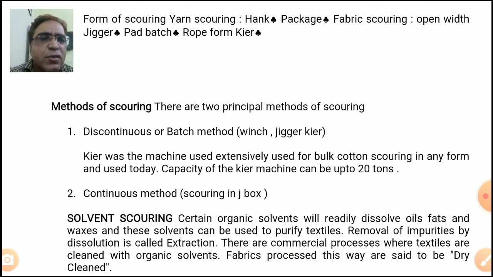Besides this, solvent scouring is also used, which dissolves the oils, fats, waxes, etc. The advantage of solvent scouring is that we recover the solvents from the wash baths and they can be used again. But because solvents are costly, the normal process of scouring is by the use of alkali, detergents and emulsifying agents.